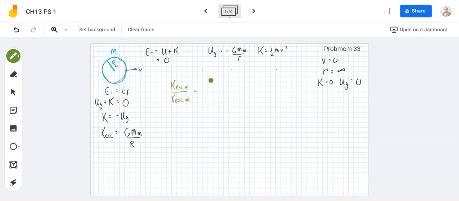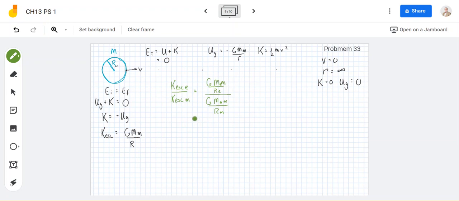So the escape energy for Earth is going to be GMm over R, using it for the Earth. And so the G's are going to cancel, the little m's are going to cancel because that's whatever object we're sending.